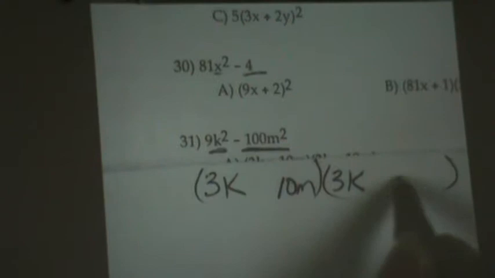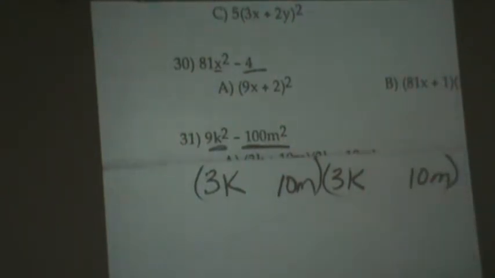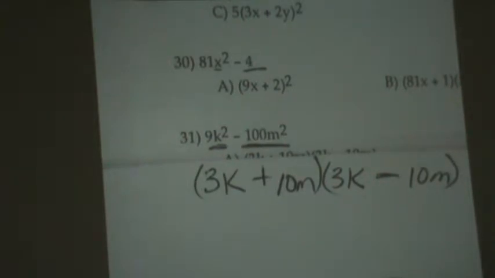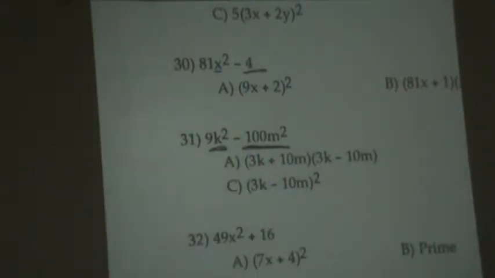Yes, 9 and 100 are both squares. 3k times 3k. 100m squared, 10m times 10m. You need your plus and minus. When there's not a middle term, you have to have that plus and minus.